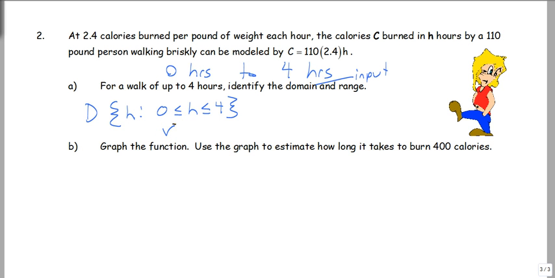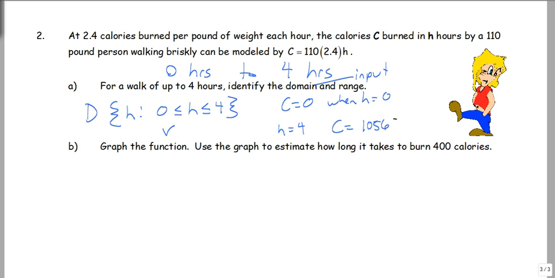How do we find the range? Well, we have to find the range of the calories burned. You just use your domain values and find the values for 0 and 4. So if you put a 0 in for H, C equals 0 when H is 0. And then when H equals 4, when you type this all in your calculator and multiply it all out, C is 1056.